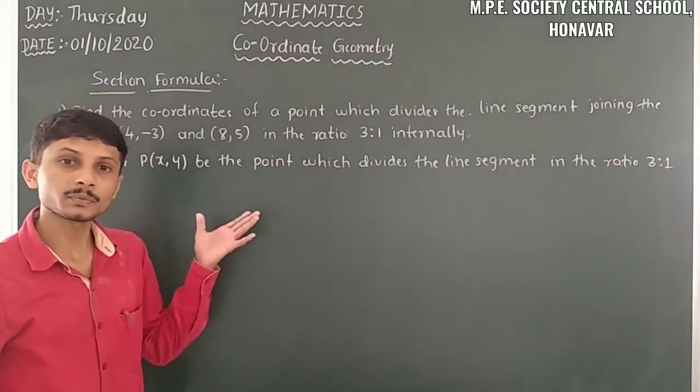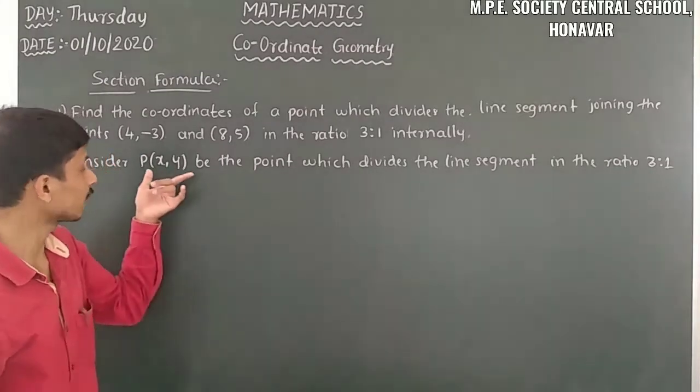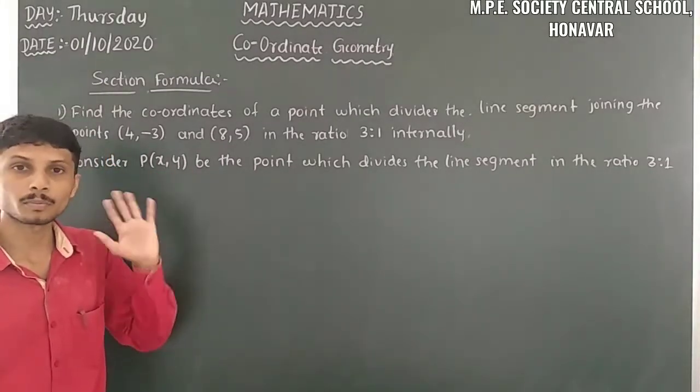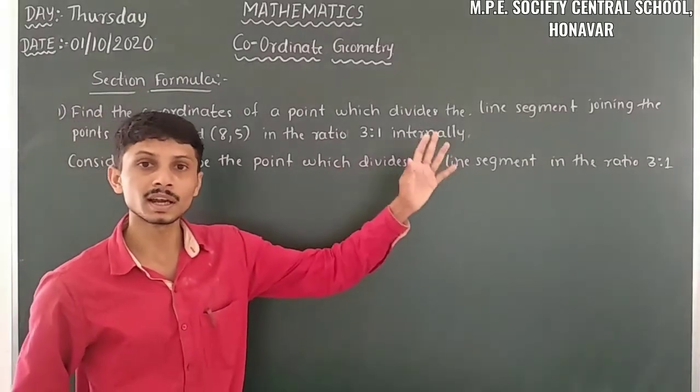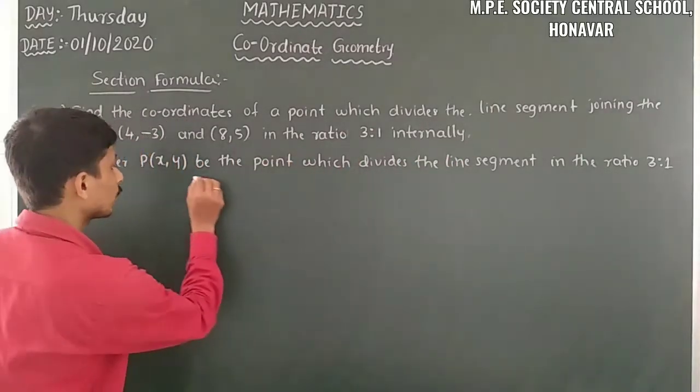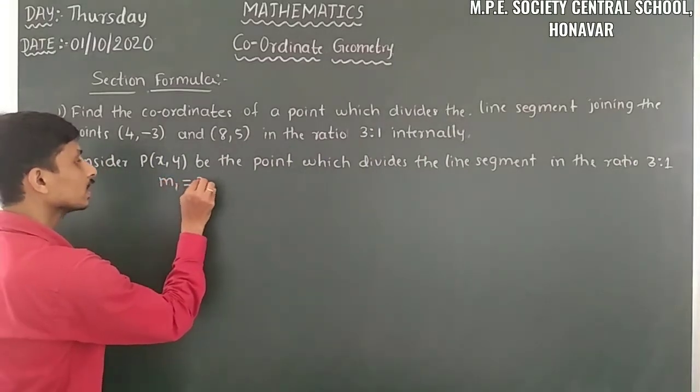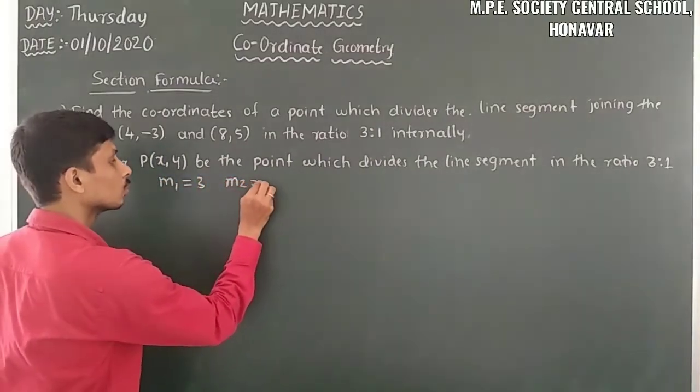After that we have to take the section formula. That means we have to find x comma y. What is the value of m1 here? m1 is equal to 3, m2 is equal to 1.